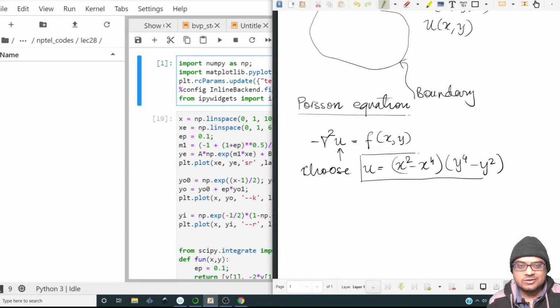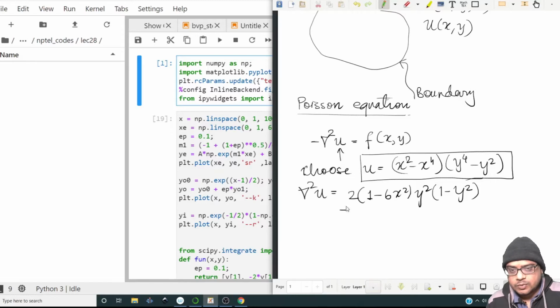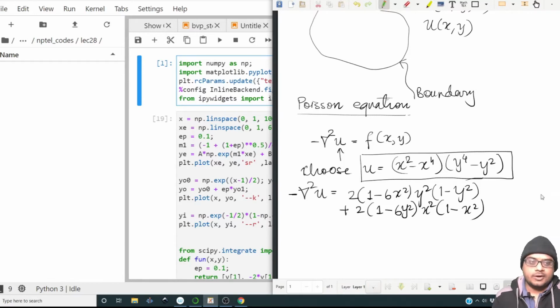If u is this, then the Laplacian of u, and I have the expression in front of me, is twice (1 minus 6x square) times y square times (1 minus y square) plus twice (1 minus 6y square) times x square times (1 minus x square). Rather, minus of this is this.